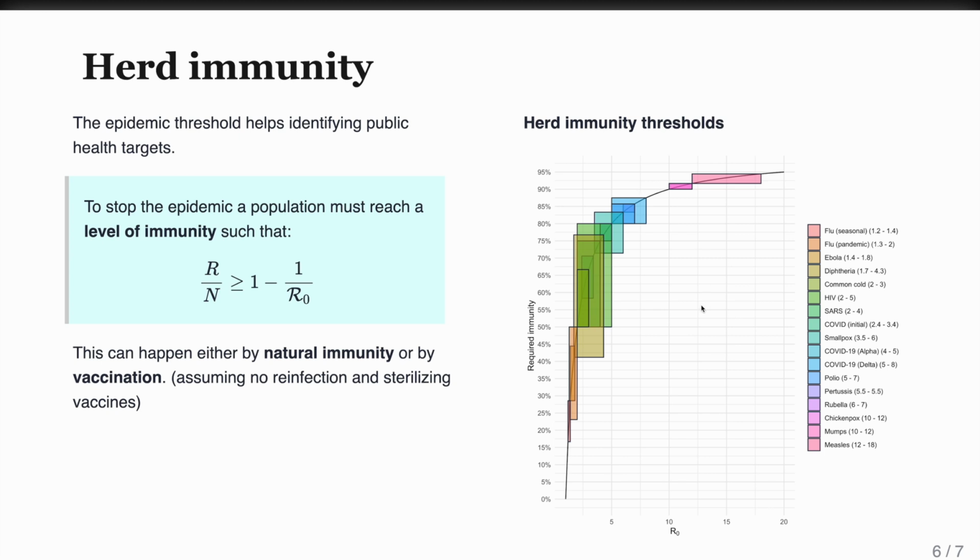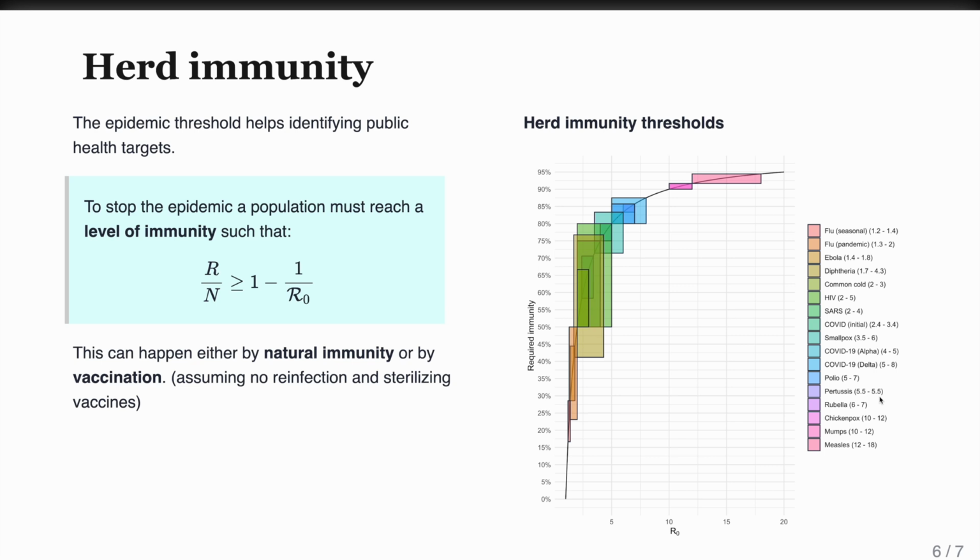While instead for seasonal flu we need a level of immunity which is much lower, because it's not an extremely infectious pathogen. You can see also COVID is more or less in the middle, depending also on the variant. Here we don't have Omicron because I made this slide some time ago, but Omicron is quite larger, if I'm not wrong, between 8 and 10, going by heart.